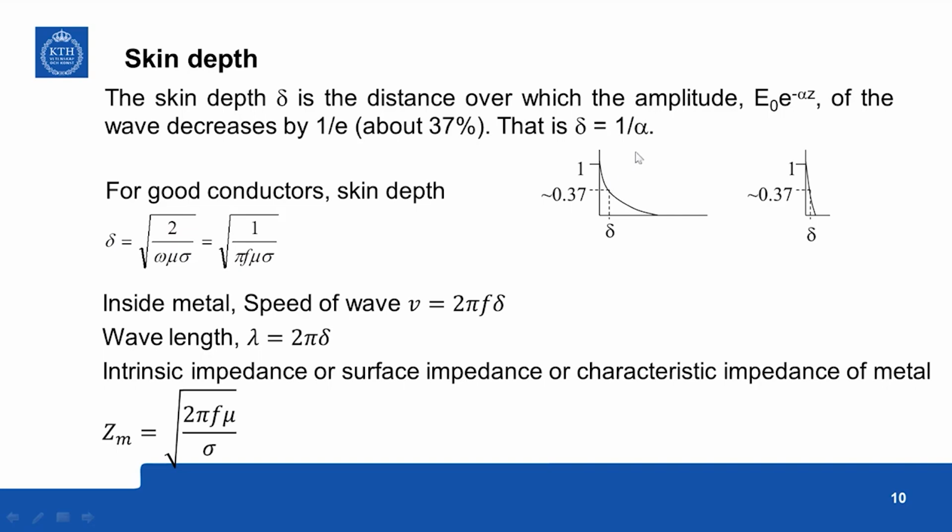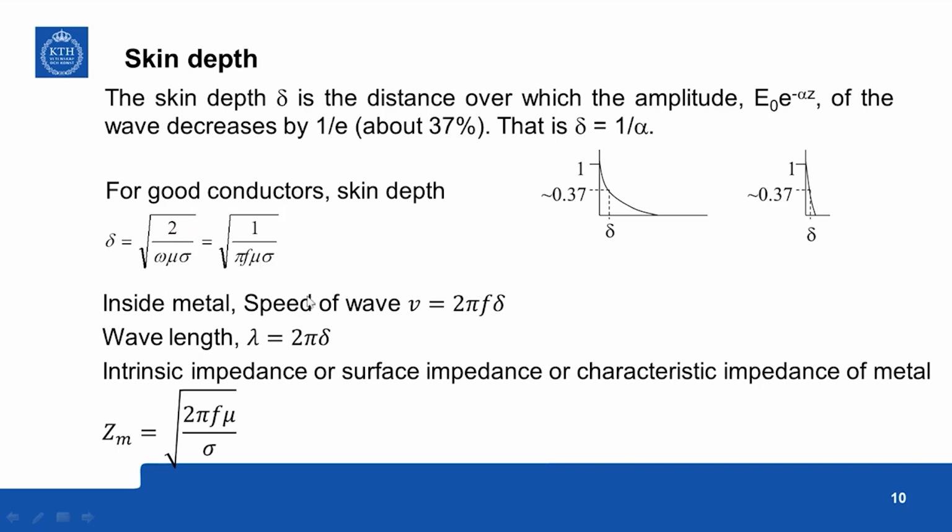So you can see that when you equate that, we will see the skin depth is equal to square root of 2 by omega mu sigma. You can verify it yourself, and that is equal to, omega is 2 pi f, so square root of 1 by pi f mu sigma. So this is a function of frequency. As the frequency is increasing, what you see that skin depth is decreasing.